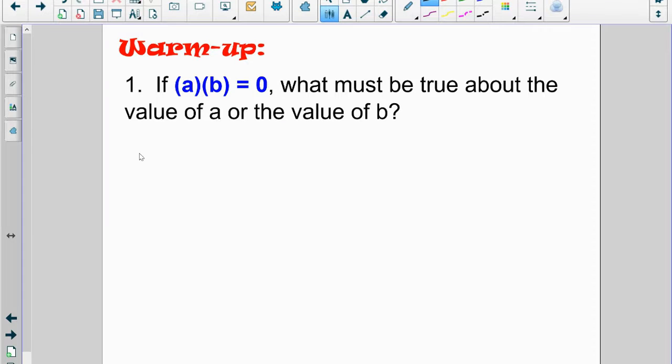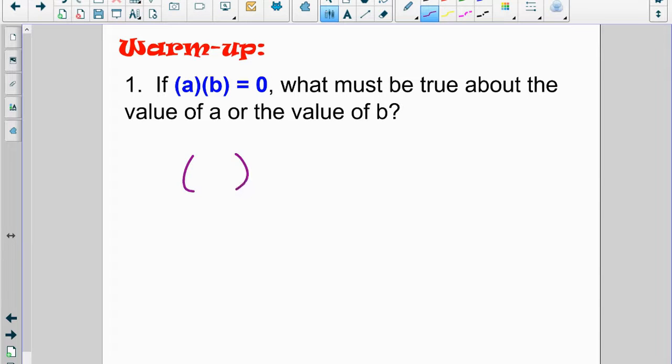Now, as a little warm-up, I want you to think about how you would answer this question. If a multiplied by b equals 0, so a times b equals 0, what must be true about the value of a or the value of b? Any ideas?